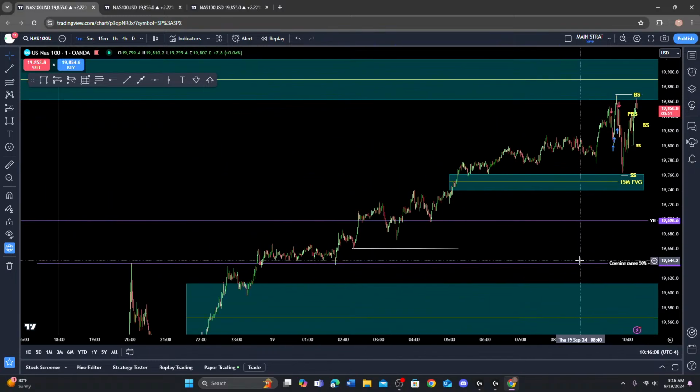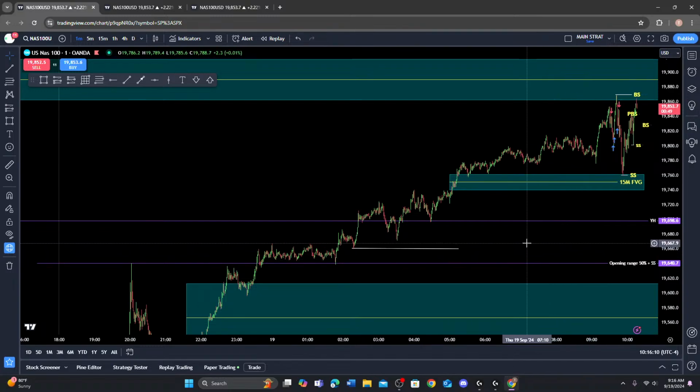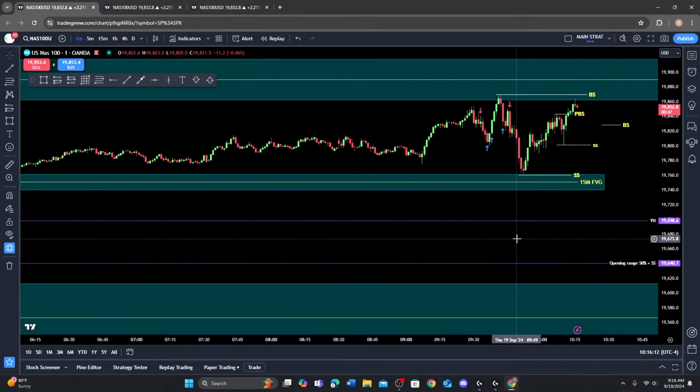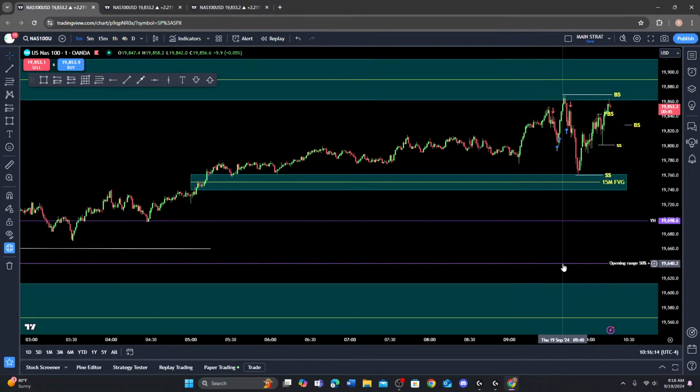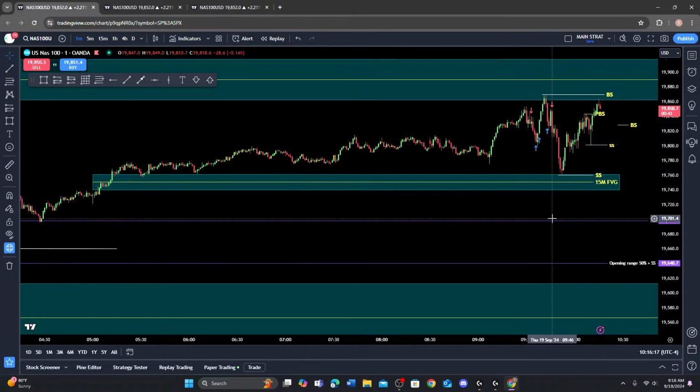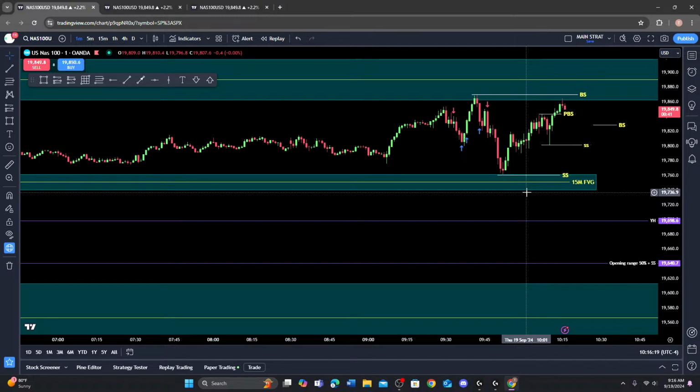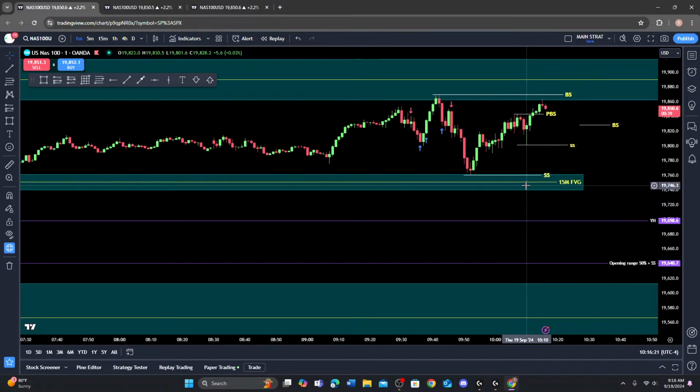It is kind of a long shot, so that's why I'm kind of letting it play out. This is the thing with reading price action, right? The market's doing what it's doing, and you have to flow with what the market's doing. That's why you always have two scenarios, right?